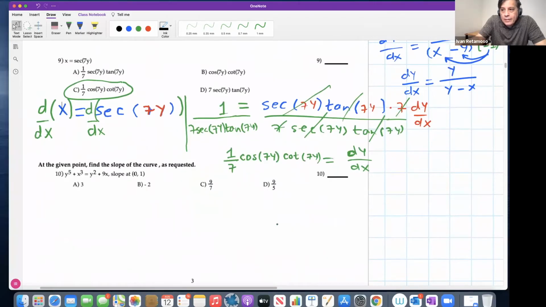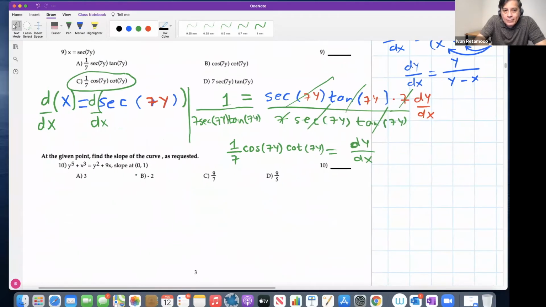Next, we have to deal now, still with implicit differentiation, but now they are asking you to figure out the slope of a tangent line at some point of this curve. So let's do it together.